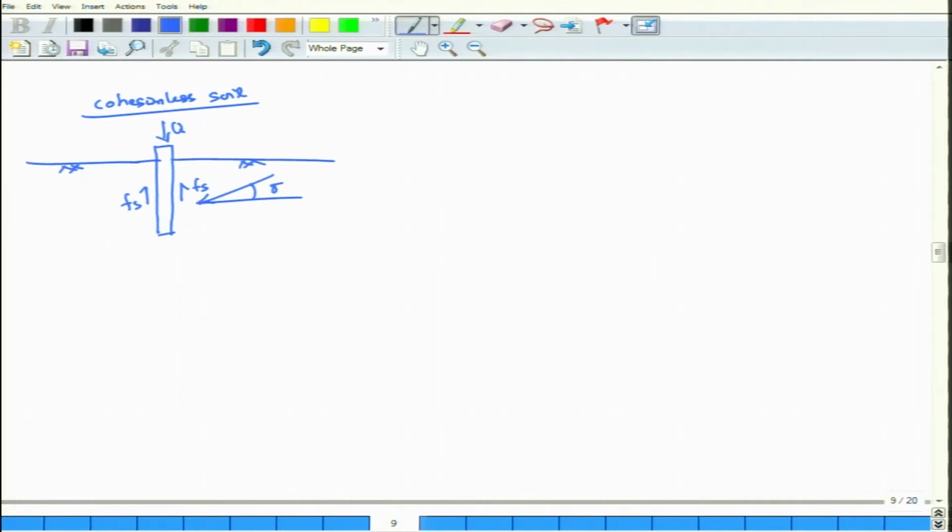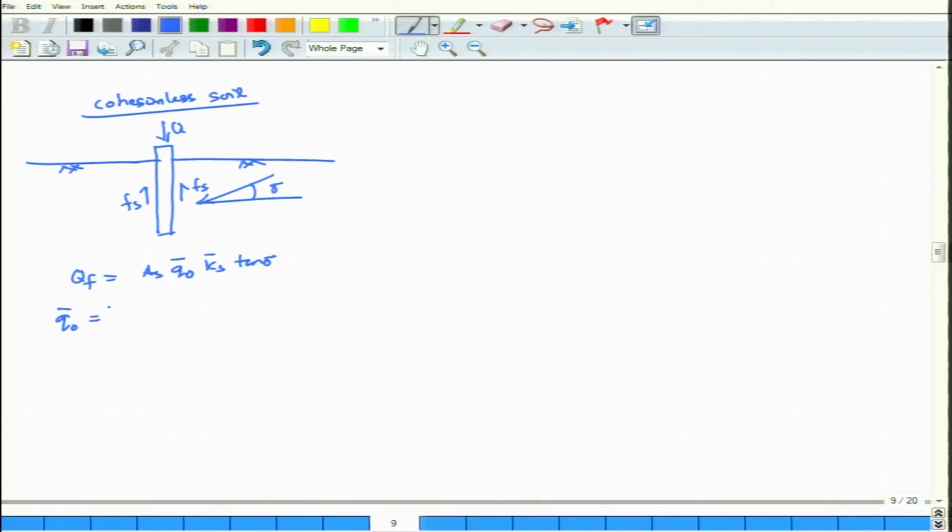If I write QF is equal to AS Q0 prime Ks prime tan delta. So in this case, Q0 prime is your effective overburden. So this will be a Q0, this is your Fs, and this is your delta, and Ks is your lateral earth pressure coefficient.